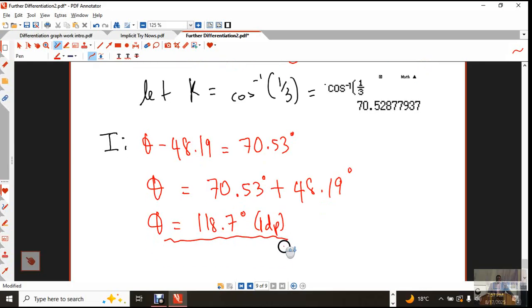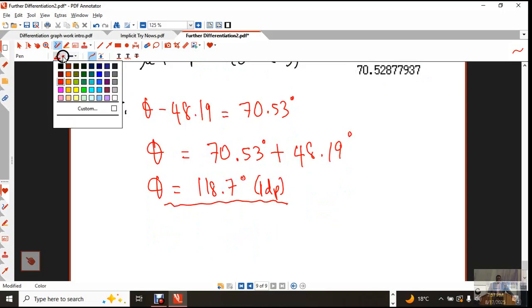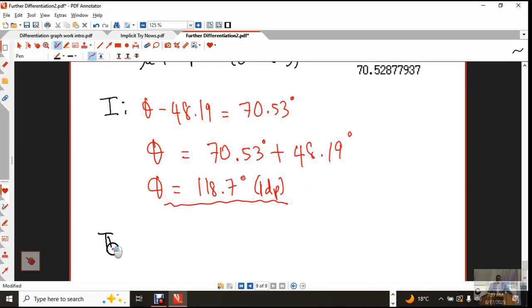Then in the fourth quadrant, what happens? In the fourth quadrant, our theta minus 48.19 will be 360 degrees minus 70.53.